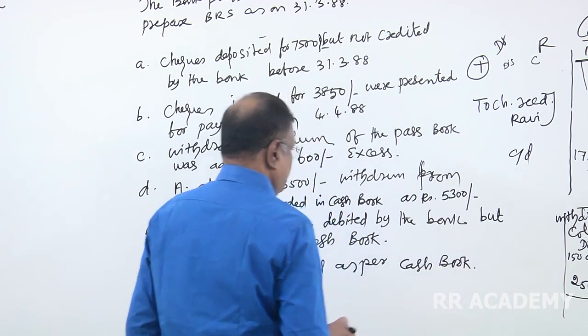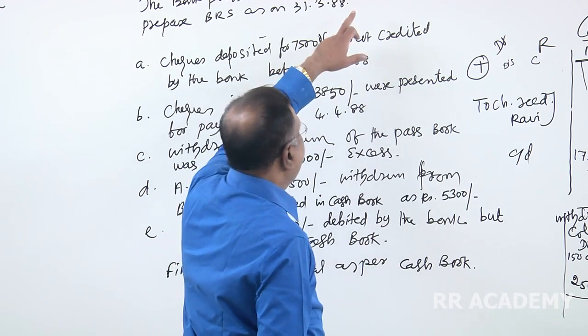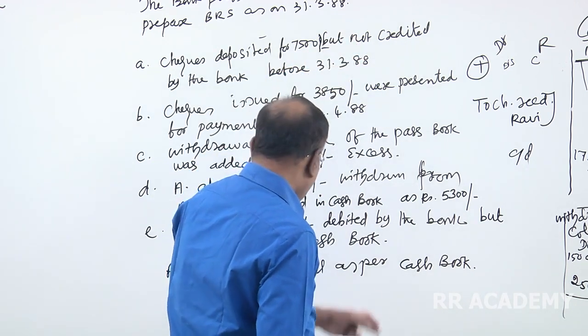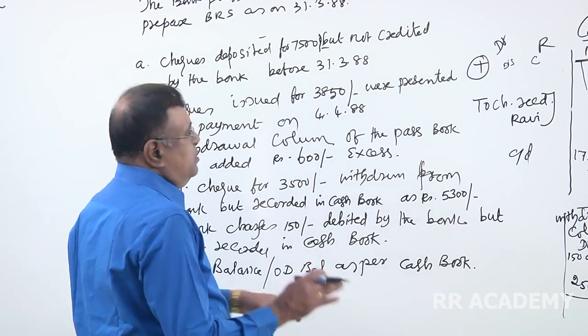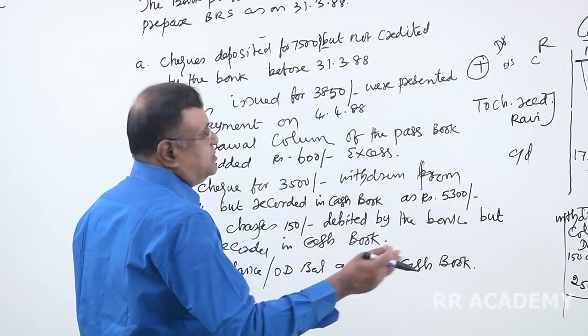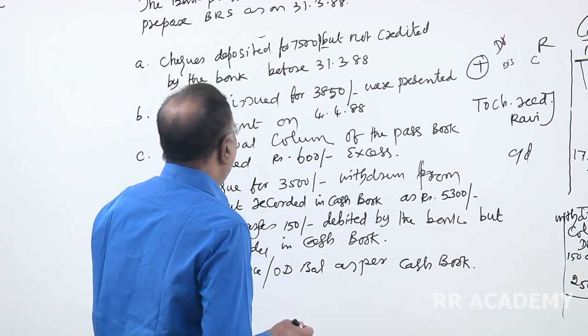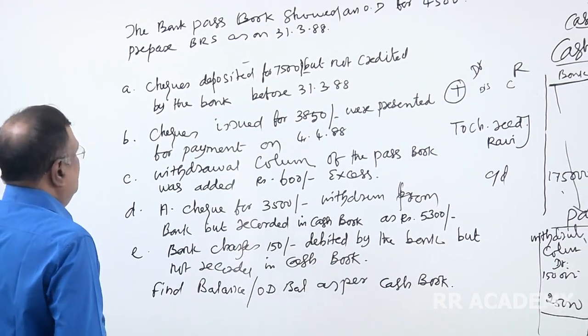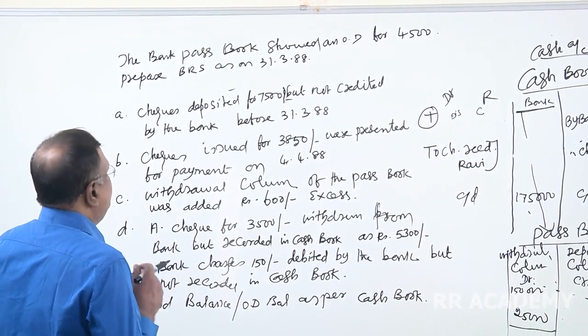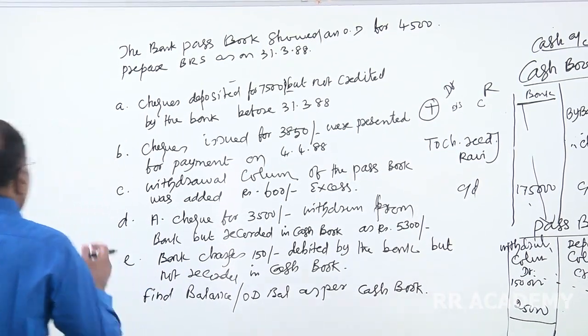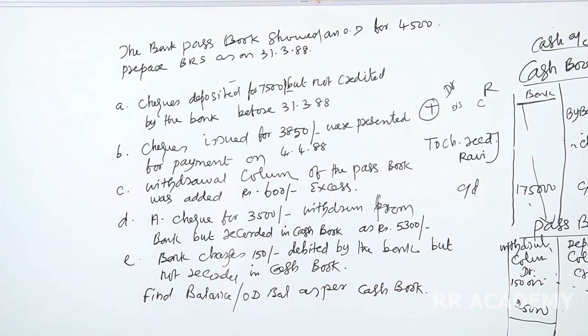If it is 4,500 there, how much will be as per cash book? So that you can compare and explain the reason. Right. Now these are all the reasons. Fine. Now what we should do? As usual, let us proceed, friends. We need not change anything.